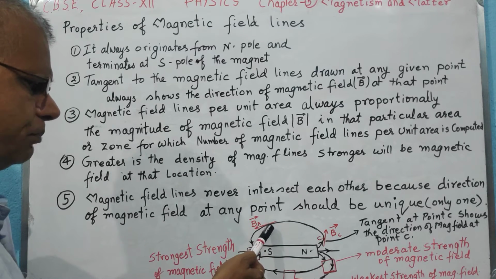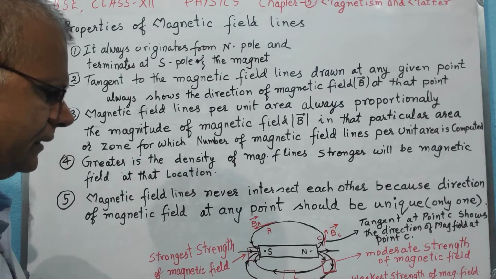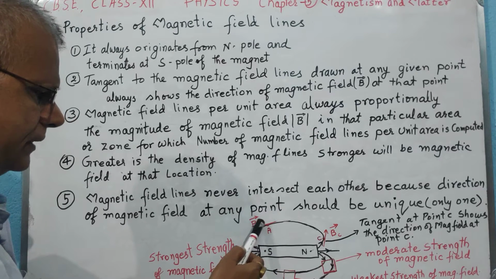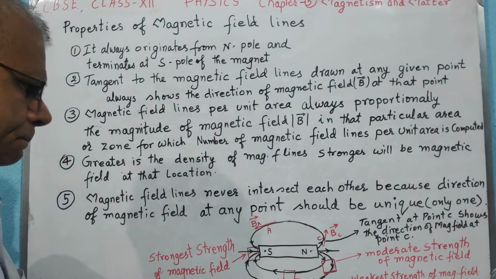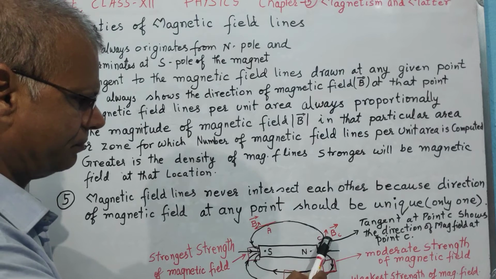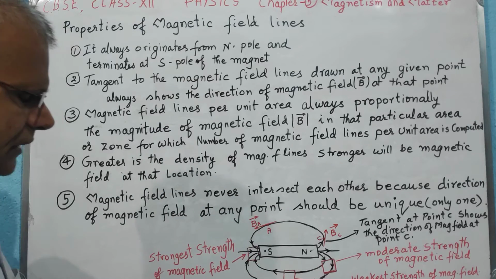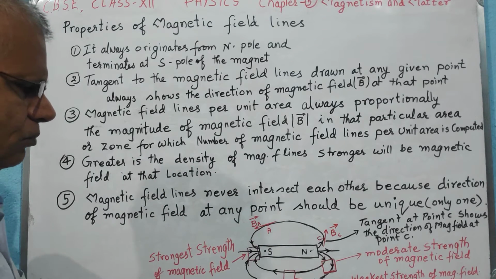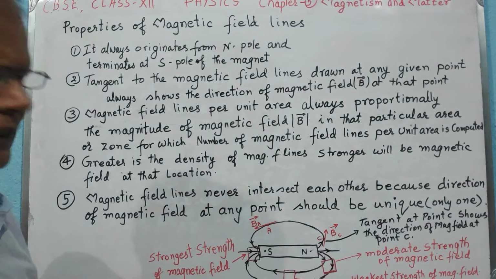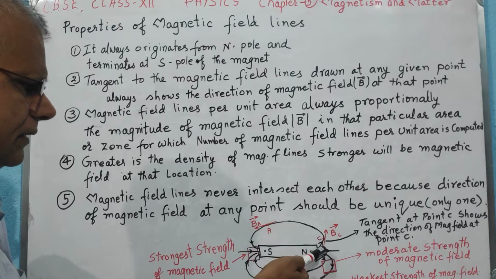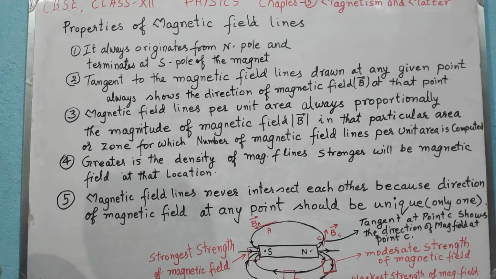Similarly, if we talk about another point A, we draw a tangent at point A on the magnetic field lines, then the red arrow shows the direction of magnetic field at point A. You can very well see that the direction of magnetic field at point C is very much different from that at point A, and it is varying everywhere, because the direction of tangent at each point on the magnetic field lines will be different from each other, because it is returning to the south pole, so it must keep changing gradually.